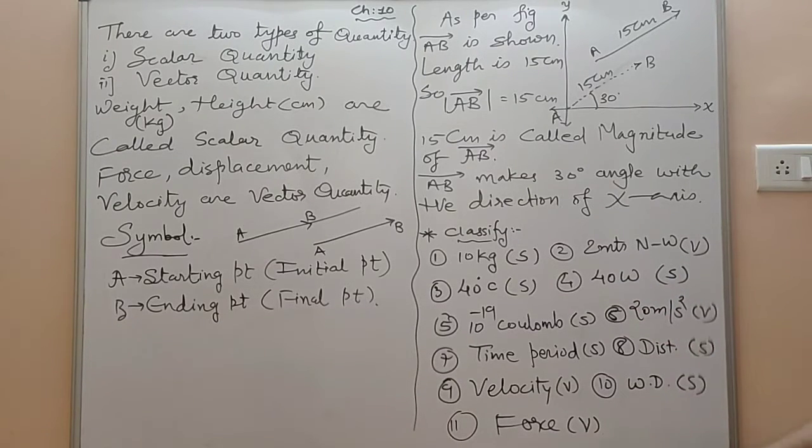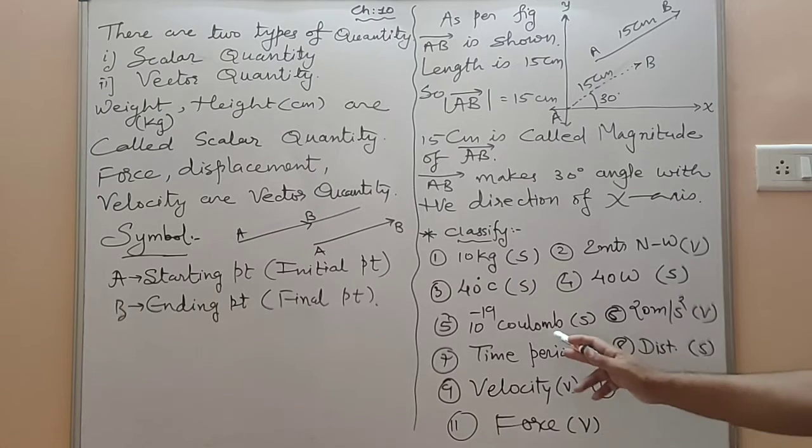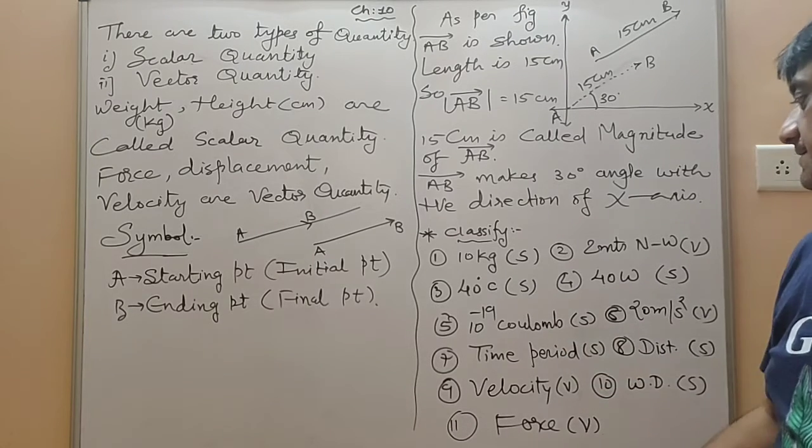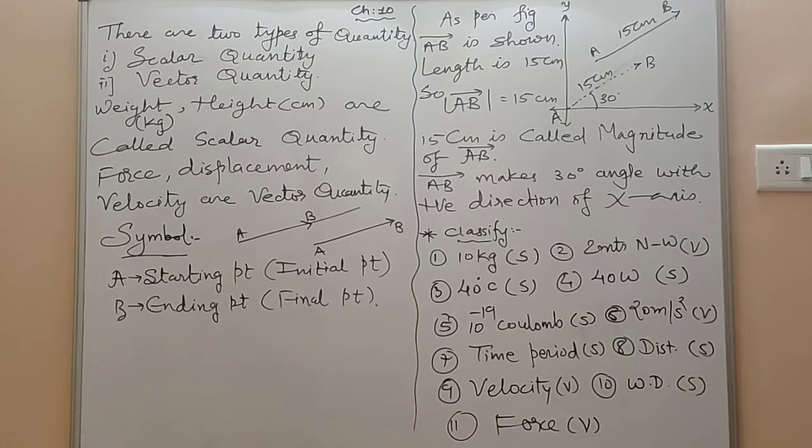Same way, 10 raised to minus 19 coulomb. Coulomb is a unit of charge. It is also a scalar quantity because direction is not given. If force is there, then direction is fixed.